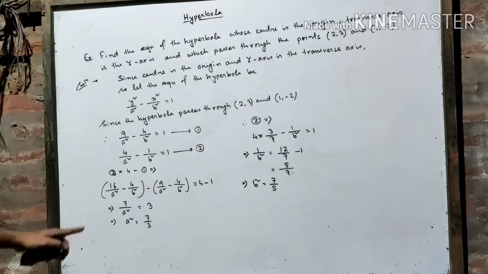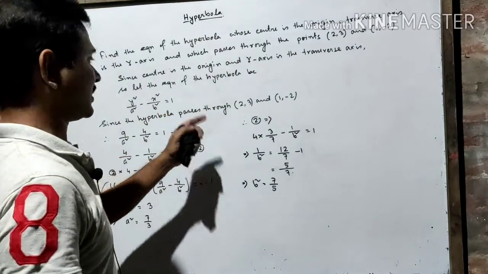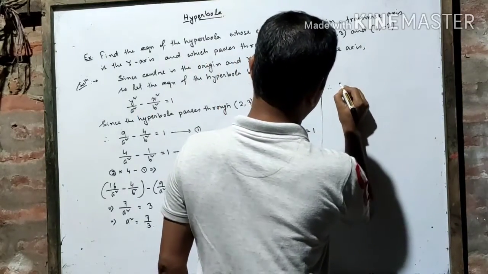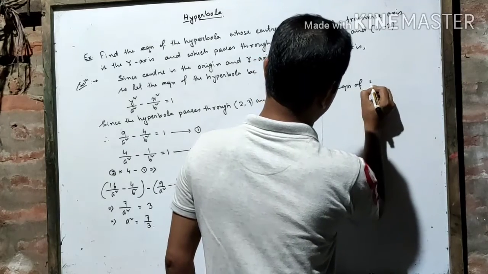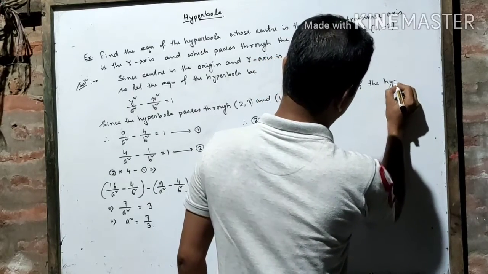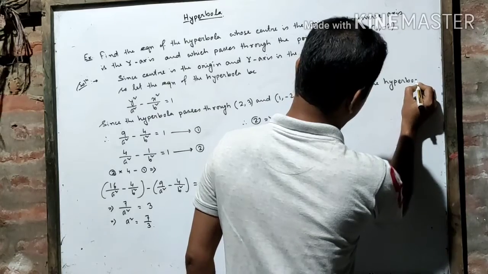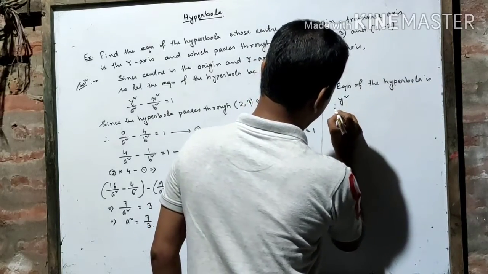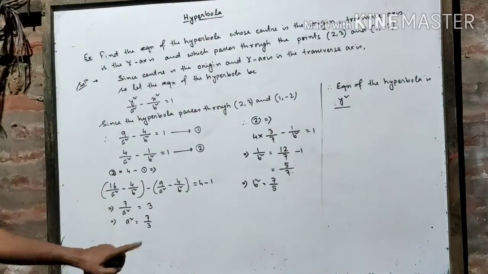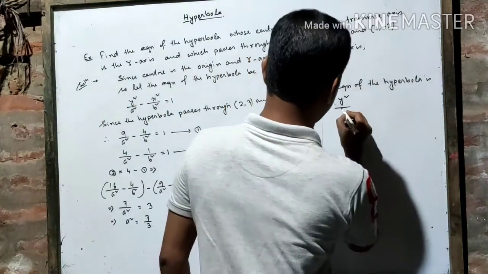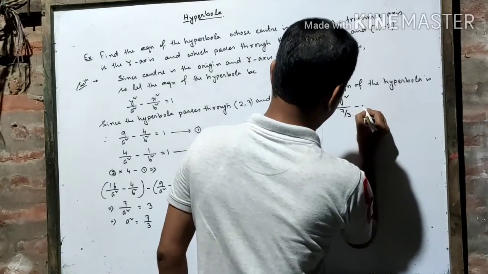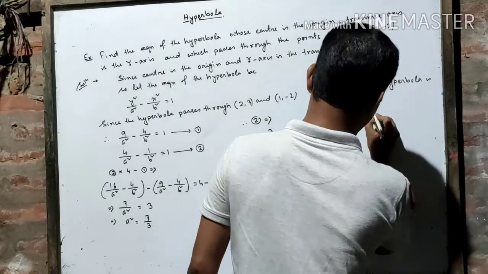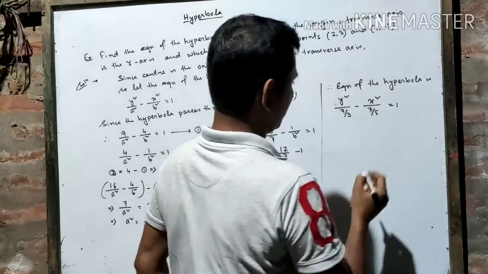So putting these values of a square and b square here, we get the equation of the hyperbola. Therefore, equation of the hyperbola is y square by 7 by 3 minus x square by 7 by 5 is equal to 1.